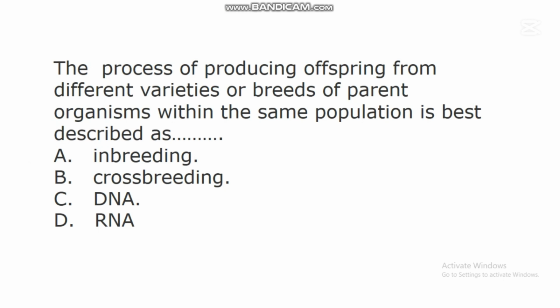C. DNA. D. RNA. In this question, the correct answer is B. Crossbreeding. Crossbreeding is the process of producing offspring from different varieties or breeds of parent organisms within the same population.